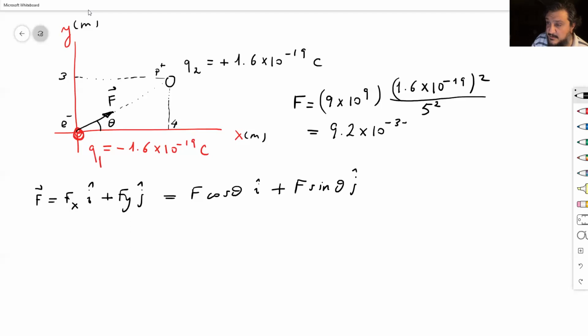Look how small it is. Newtons. All right. I'm just going to plug that in right there. Of course, I need the cosine and sine now, right? So cosine will be 4 over 5, and sine will be 3 over 5.